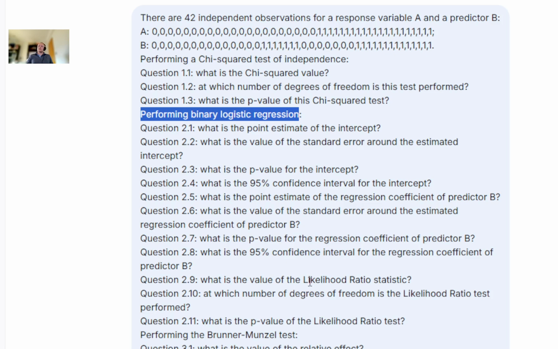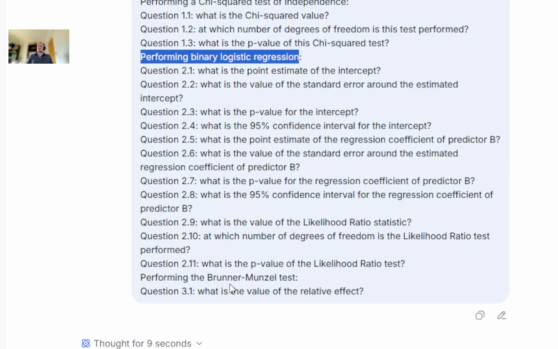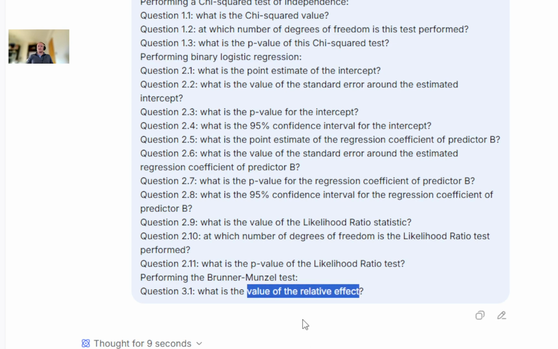Given the chi-square value with the number of degrees of freedom, we get a p-value as well. And finally, we get also something for the Brunner-Munzel procedure. In this case, we get the value of the relative effect. I'm not going to explain it in much detail. I have separate videos on that procedure on my channel, but it is a non-parametric estimate of effect size. I will explain a little bit more in a minute when we get to it.